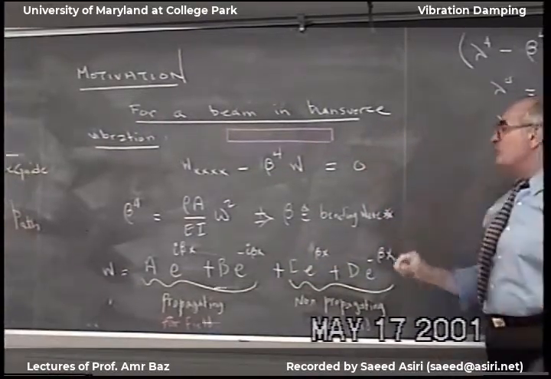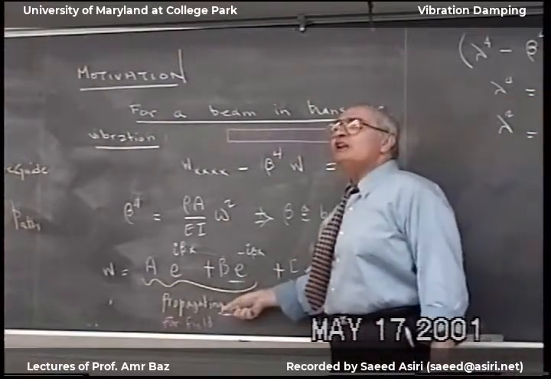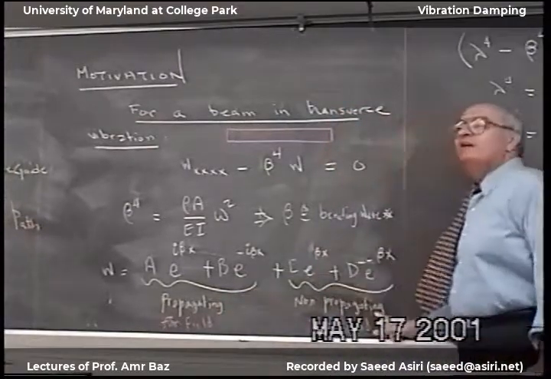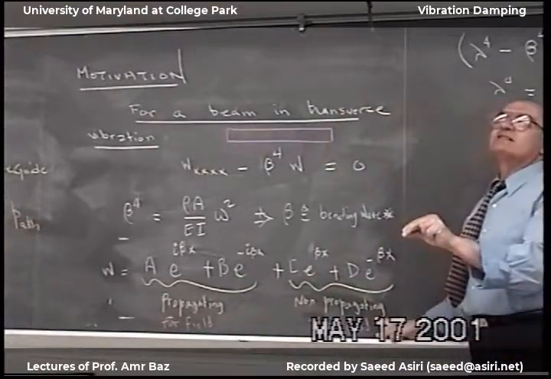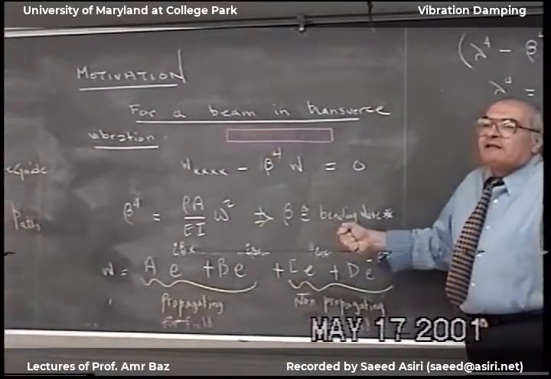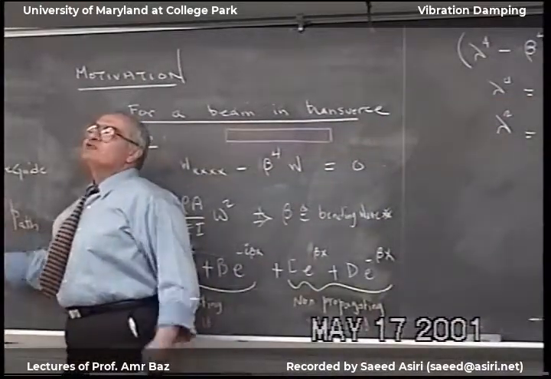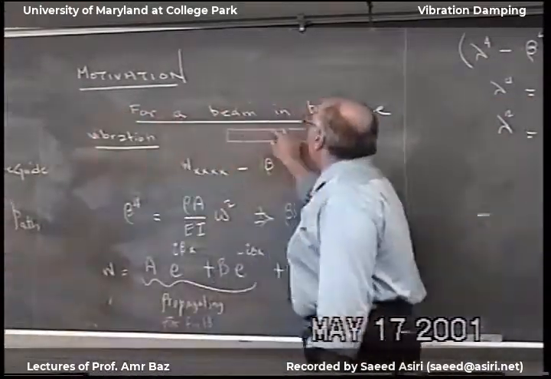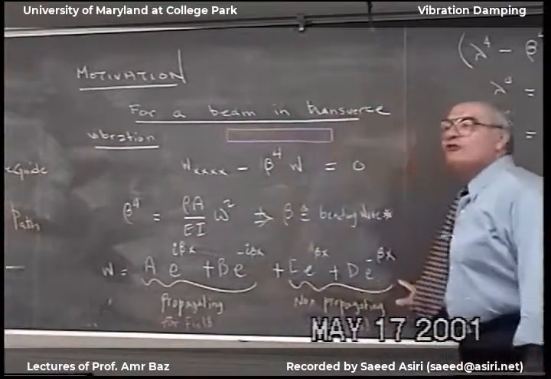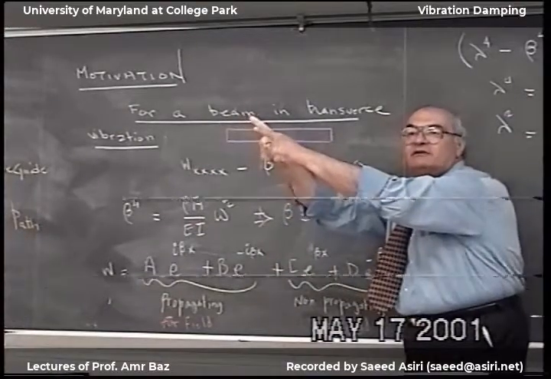Now what we're going to do, I want to drain energy. So I want everything to look like this. I don't want any term to decay very fast because I want to take the energy and relieve my main structure from this power flow. So now what we will do is reshape this beam so I can make all four roots imaginary and I can suck energy out of the system.